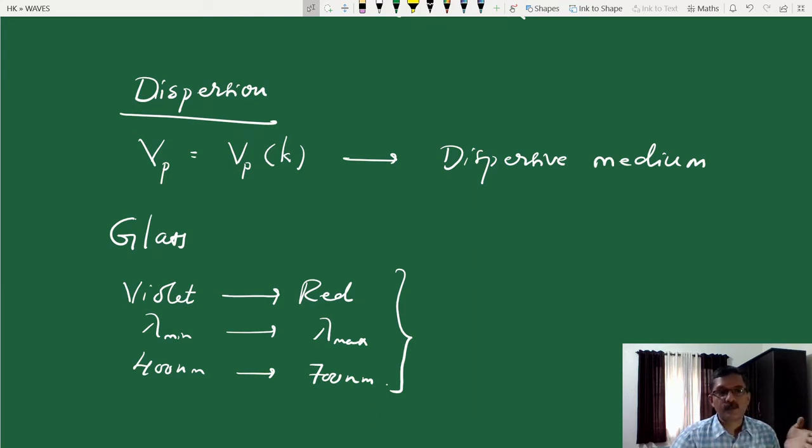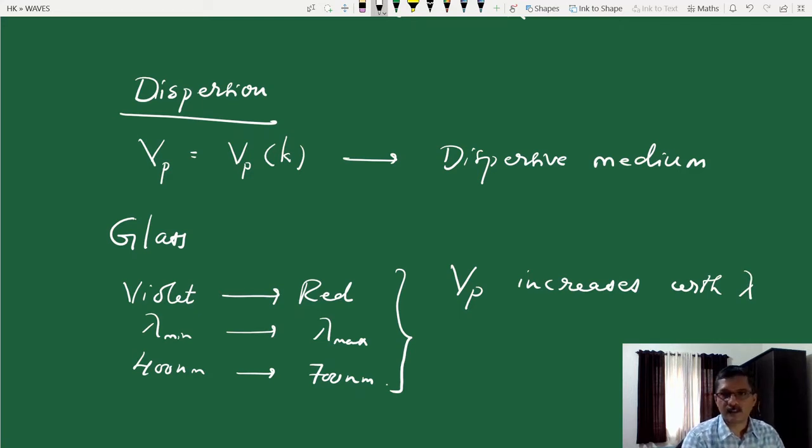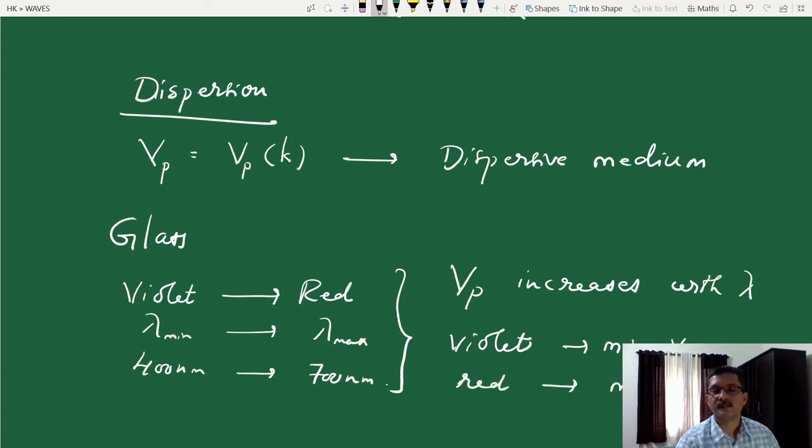So we can say that the phase velocity Vp increases with wavelength lambda. As we move from violet to red, phase velocity increases.